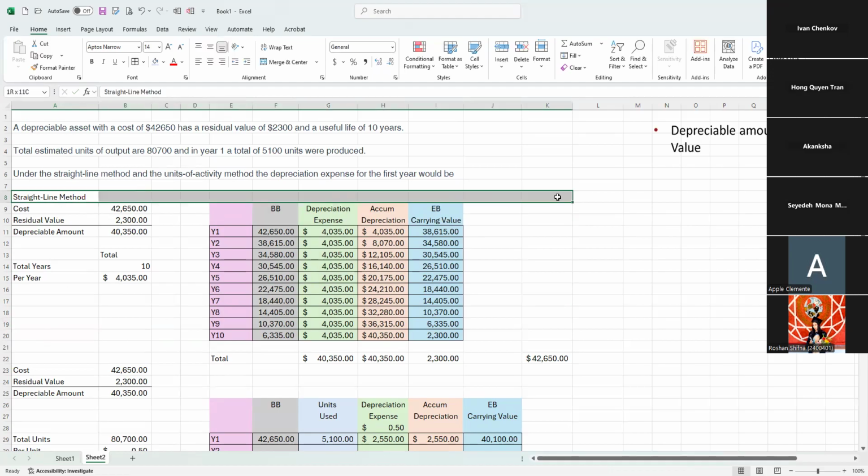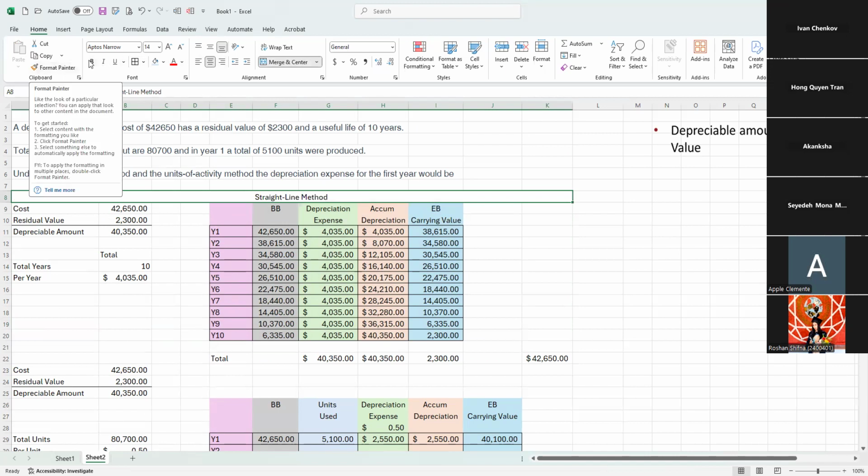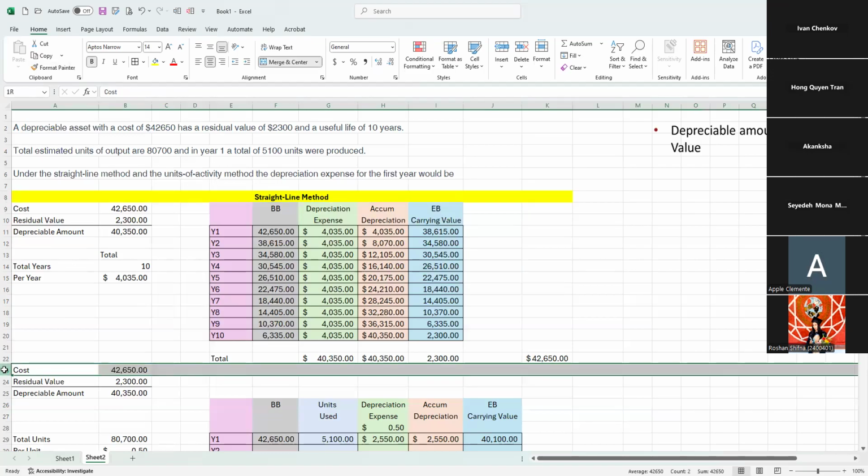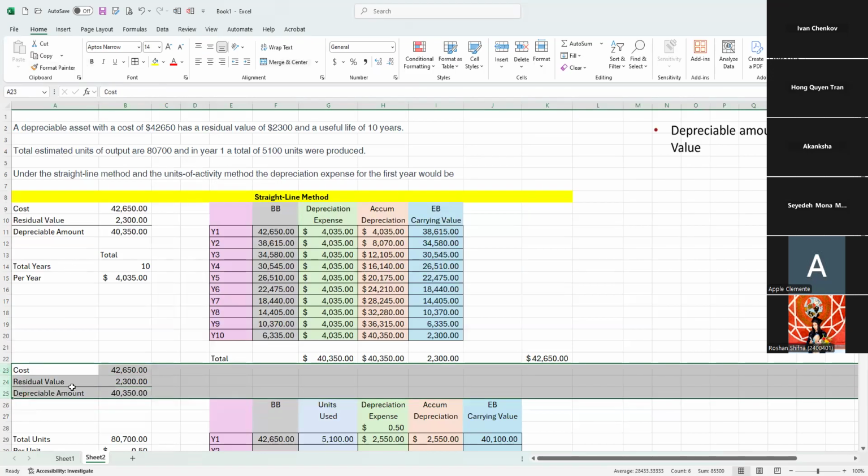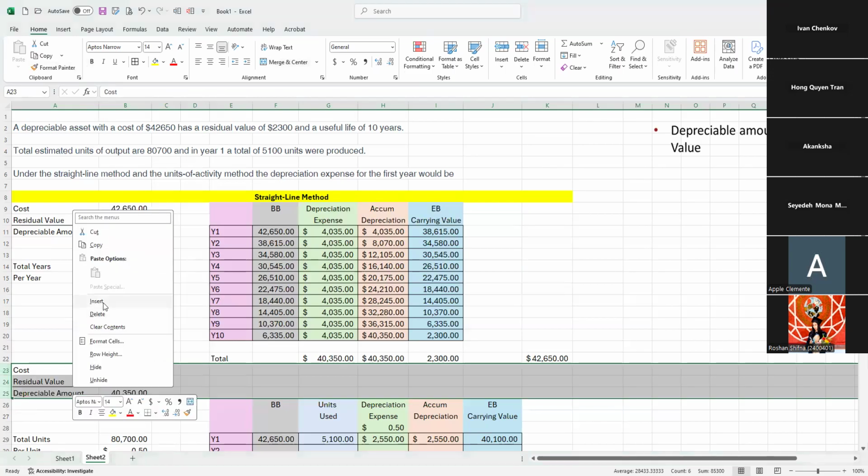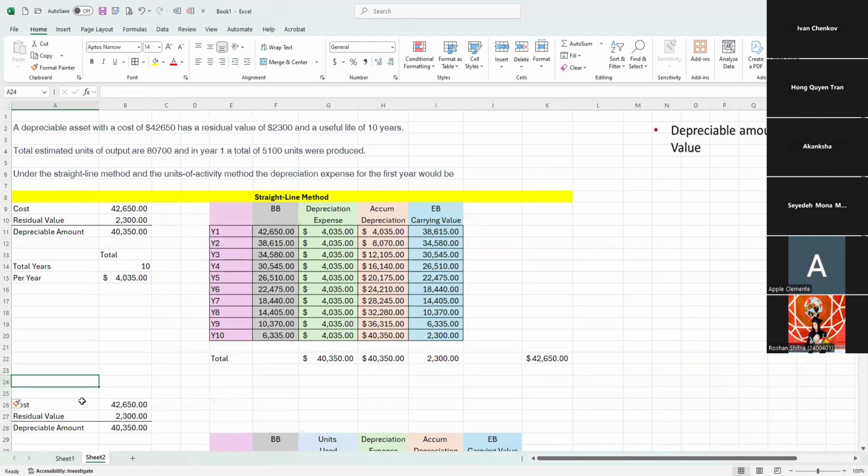That will be our straight line method. This one will be unit of production. Activity here, they call it.